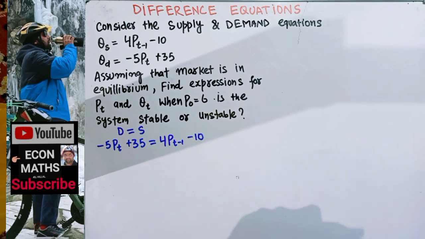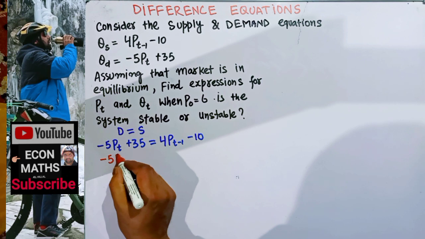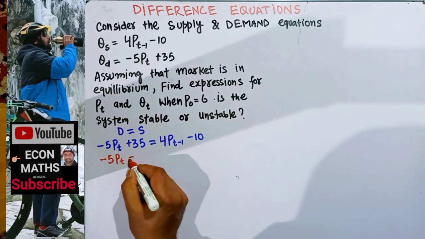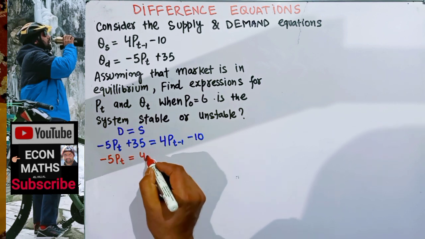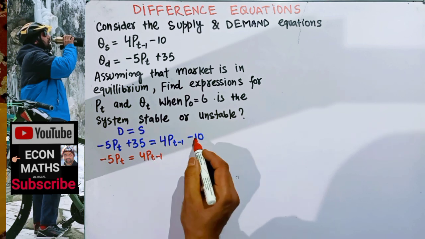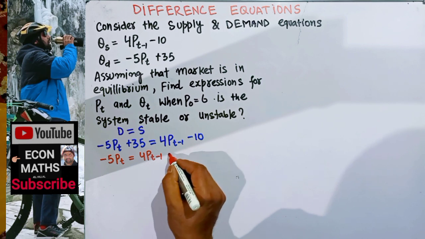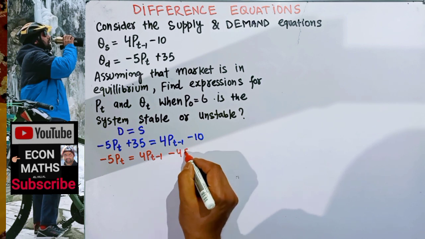We solve it for pt first. That gives us minus 5 pt is equal to 4 pt minus 1 minus 10 minus 35, which comes out to be minus 45.